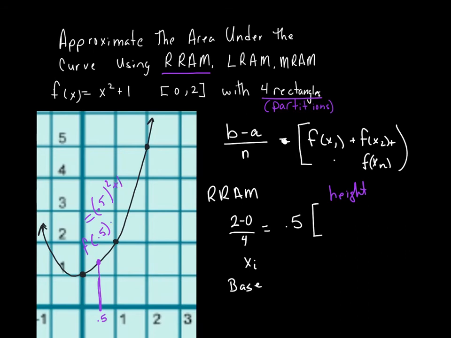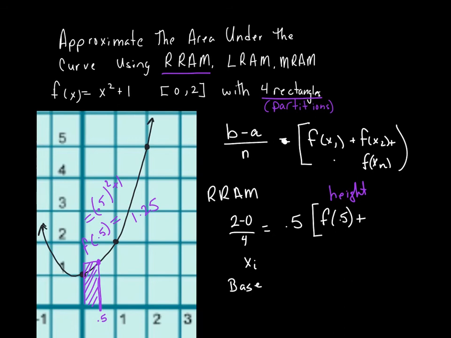So f of 0.5 is just equal to 1.25. And I'm finding that rectangle. So that first one is going to be f of 0.5.